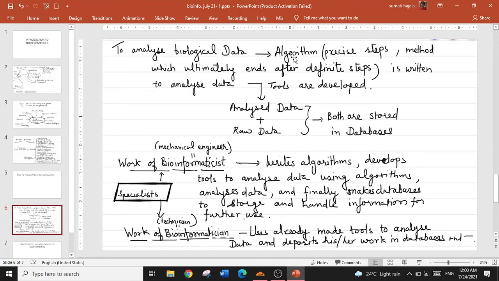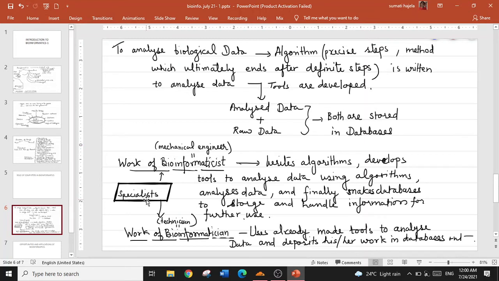So, any problem is solved using defined steps, and there is a condition that this algorithm is written in definite steps only, and it should end also. This is not infinite. So, the method must end at some point, and from there you may get positive or negative results. Tools are developed and both analyzed and raw data are stored in databases.